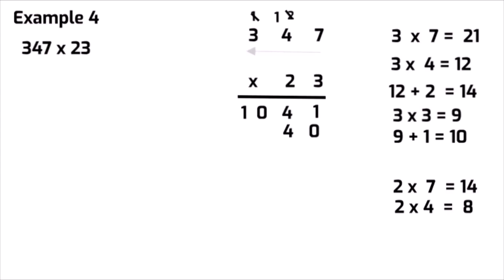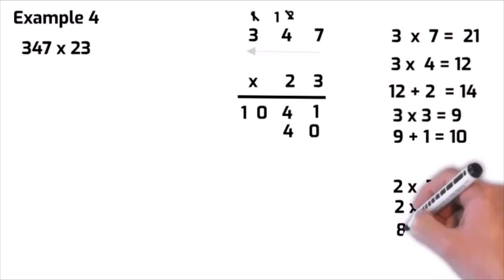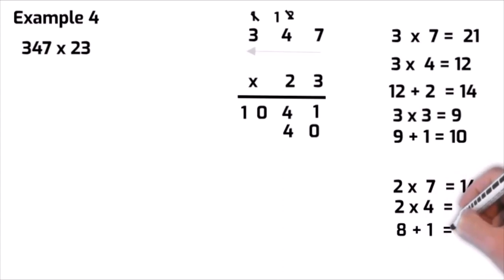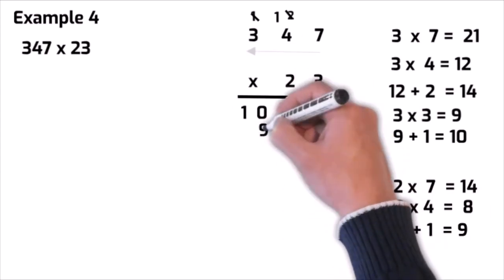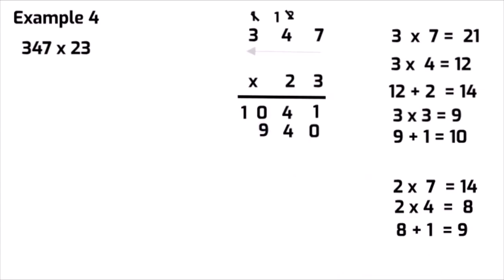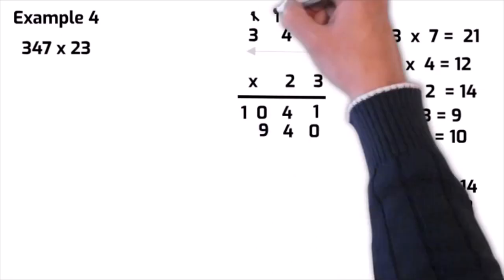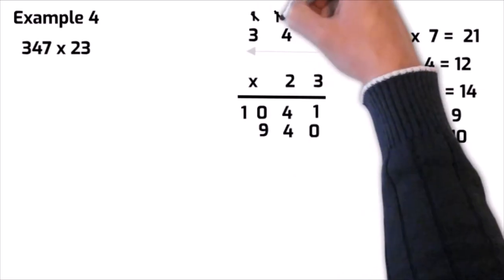It becomes 8 plus 1. 8 plus 1 is 9. We go down and write down 9. Then, we cancel our 1.